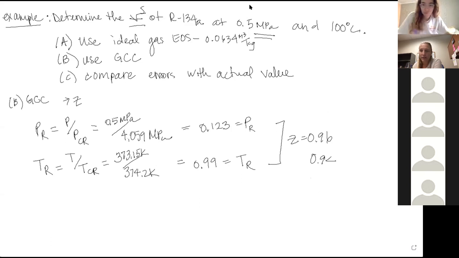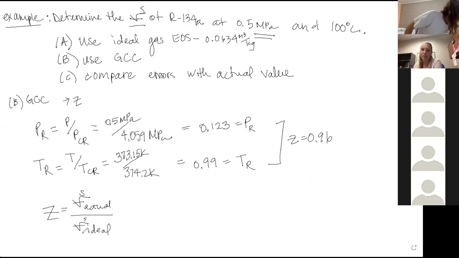So we have our compressibility factor, 0.96. Now we have the equation where the compressibility factor is equal to the actual specific volume over the ideal specific volume.